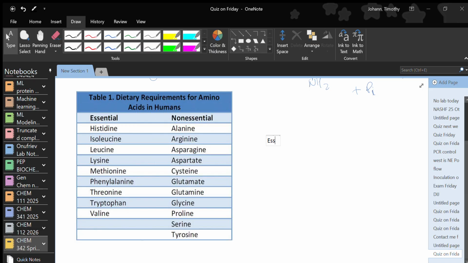So essential amino acids are amino acids that an organism needs, can't make on its own. Okay, the amino acids have to be obtained through diet.